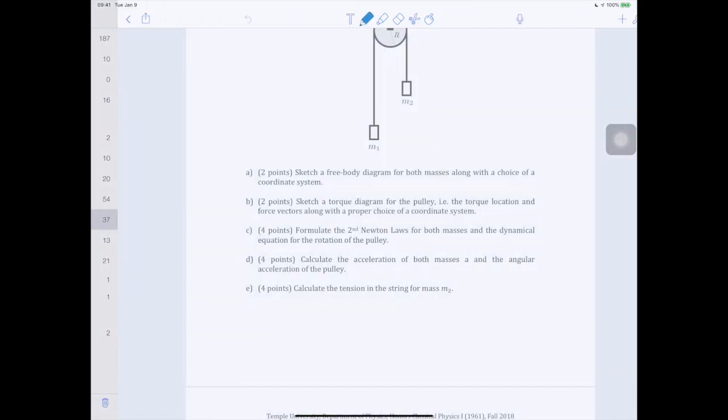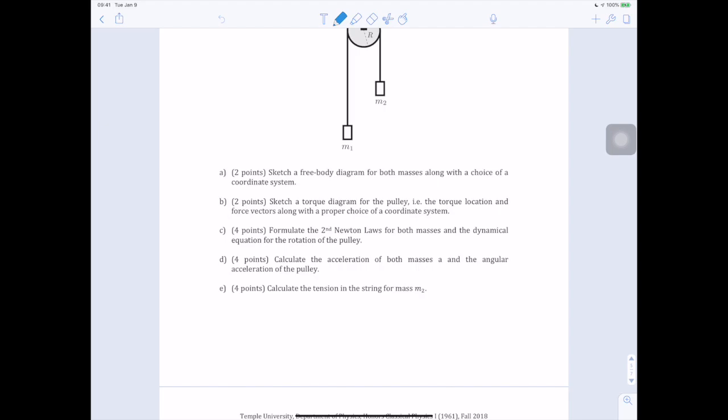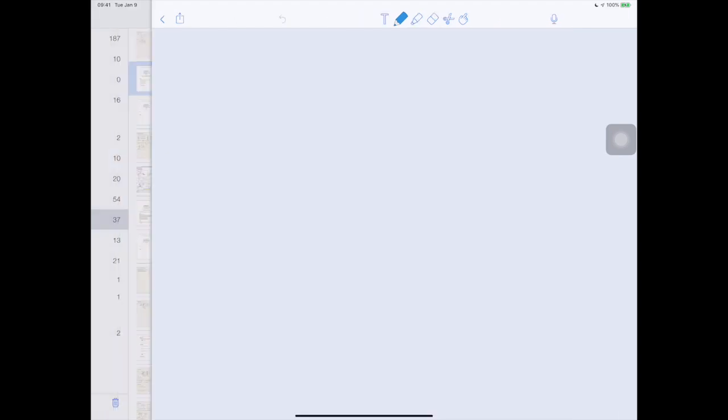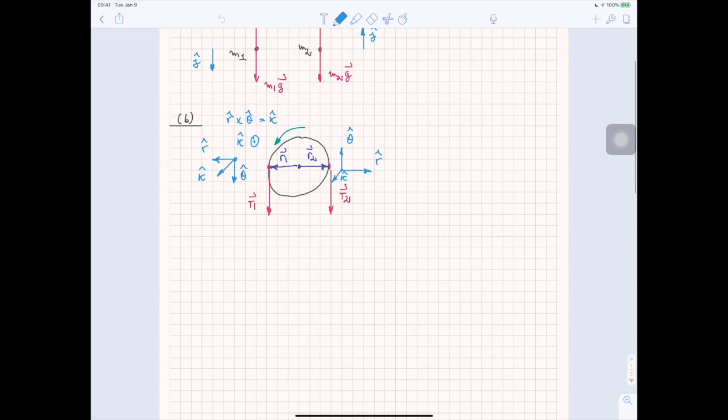So this is now a complete torque diagram. Let's go back and sketch a torque diagram for the pulley, meaning the torque location and force vectors along with proper choice of coordinate system. Before we come to part C, let's formulate right away all of these vectorial quantities. So what do we have? We have R1, we need to formulate R2, and we need to formulate T1 and T2 with this unit vector basis.